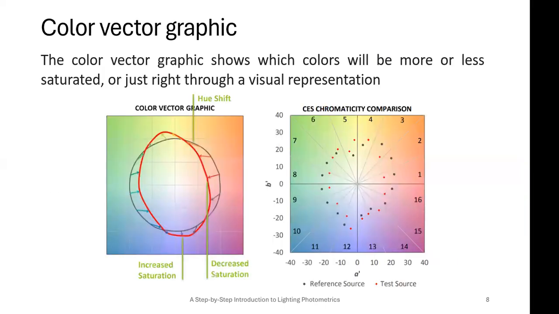So let's take a closer look at this. What we're doing is taking the chromaticity comparison in those particular dots and moving those over to what we call a color vector graphic. All we're doing is connecting those dots. Again, the reference source is the blue line. That's the perfect comparison reference, versus the shift in color to the red, which is the test source.